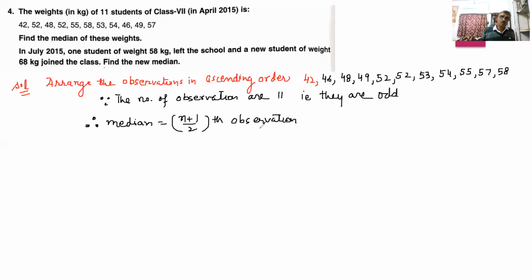N plus 1 by 2th observation means n is 11, so 11 plus 1 by 2th observation, that is 12 by 2th observation.